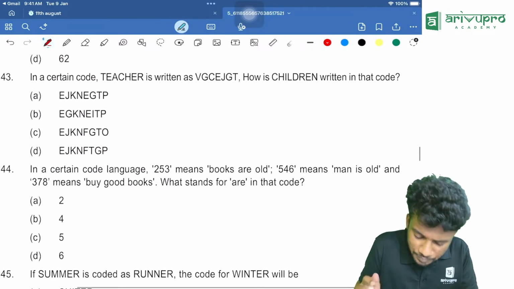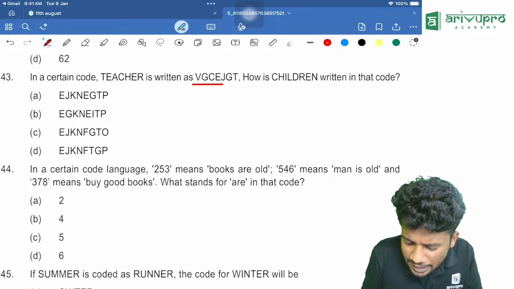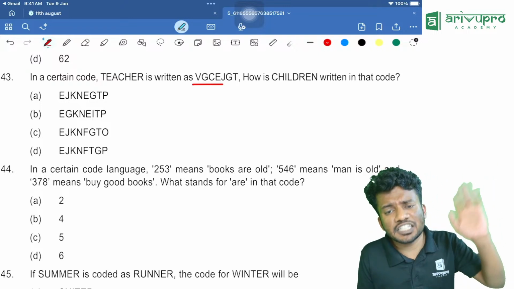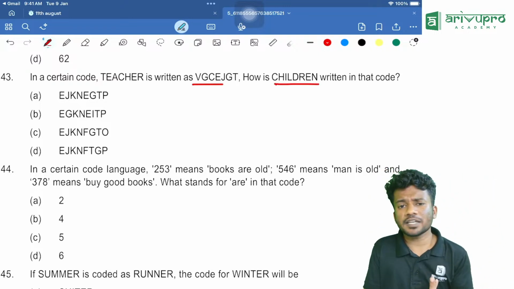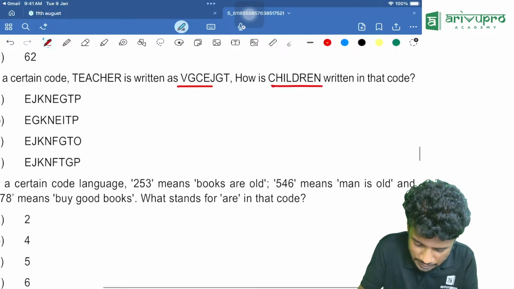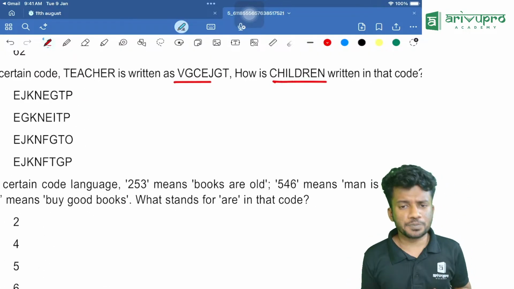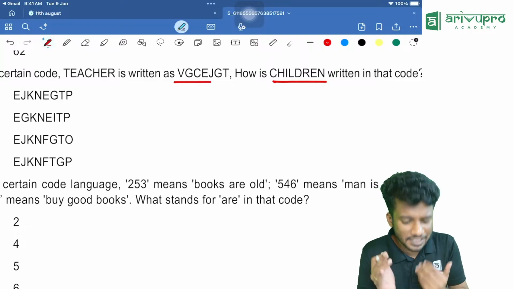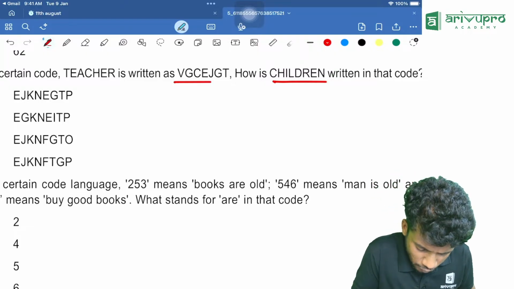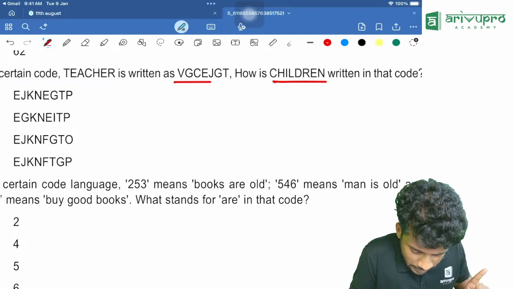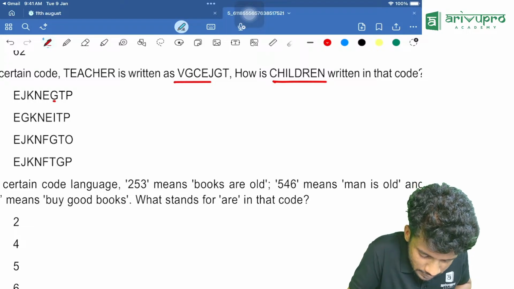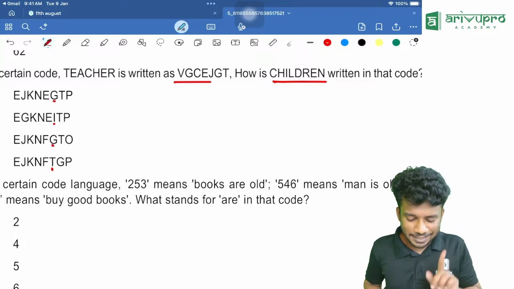Next one. Teacher is written as VGCEJGT. Then how will children be coded? Very easy. I'll just show you. Now look at the options. First of all, check the option which is having too much variation. If you look into it, everything is almost similar. Then we will go for the third last letter.